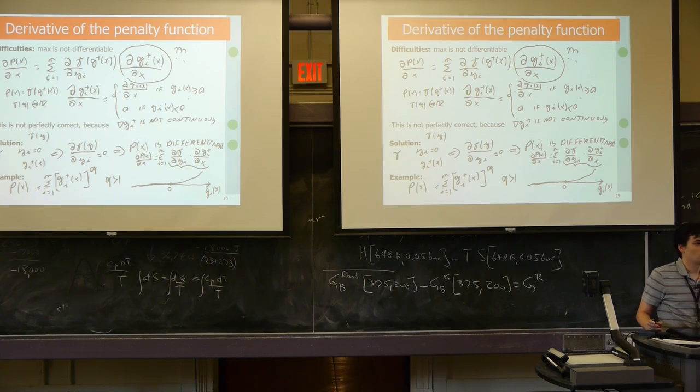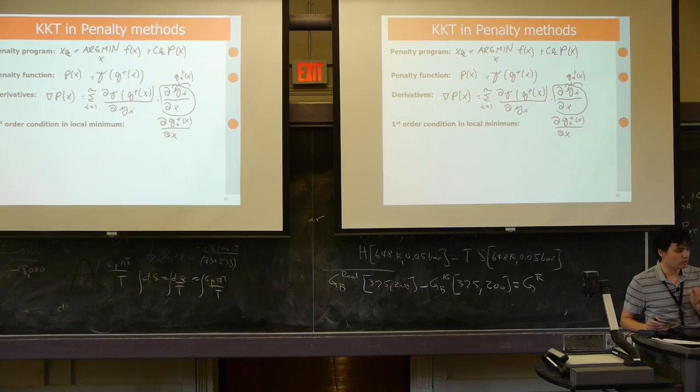You are right. In our case, it doesn't matter because with this gamma function, we cancel those terms out, right? And here the point I want to make is that this should be the derivative of gi plus x. But do we need this plus here? We don't, because what is this guy?